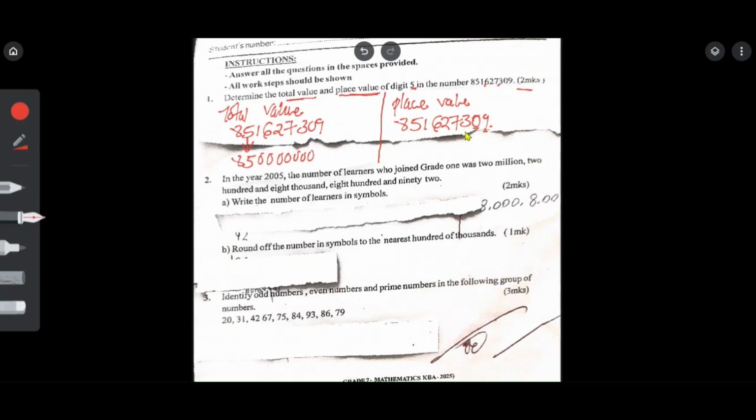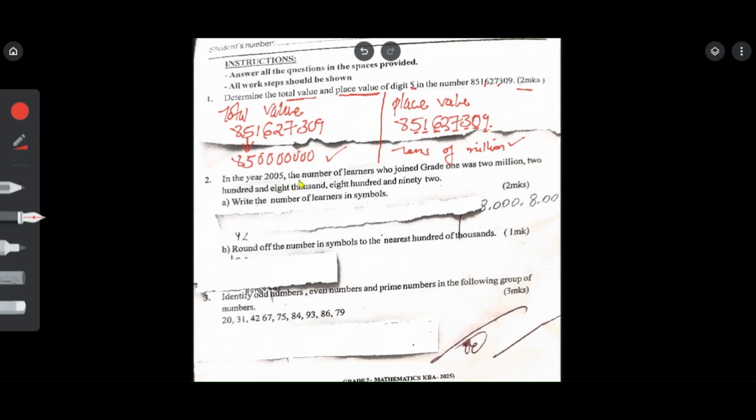We have tens, hundreds, thousands, ten thousands, hundred thousands, millions, then tens of millions. So the place value of 5 is tens of millions. So we have the mark for total value and the mark for the place value.